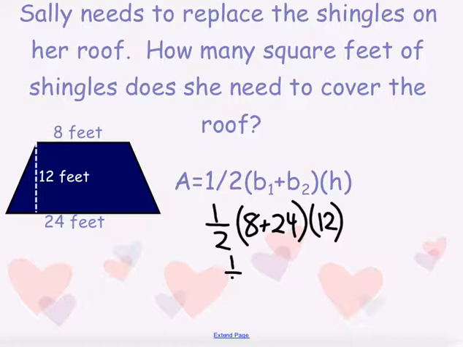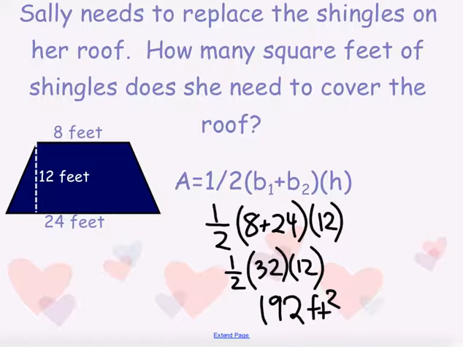So I'm going to do 1/2 of 32 times 12. And when you do this, you can either cut in half the 12 or cut in half the 32, or multiply them together and then cut them in half. But regardless, you get an answer of 192 feet squared.